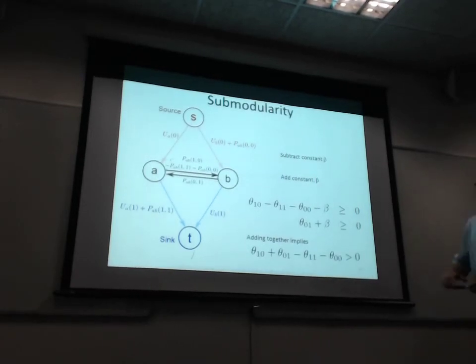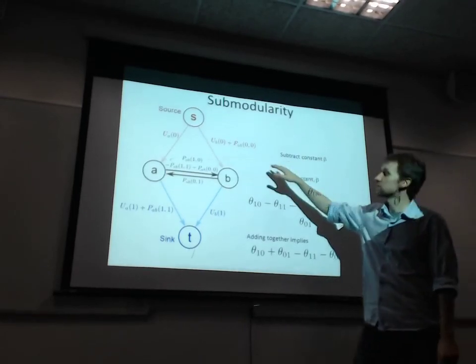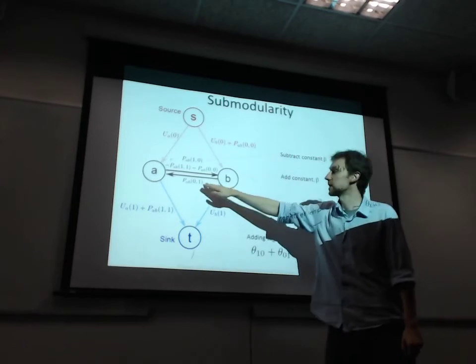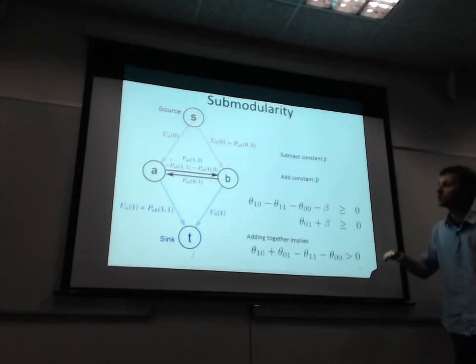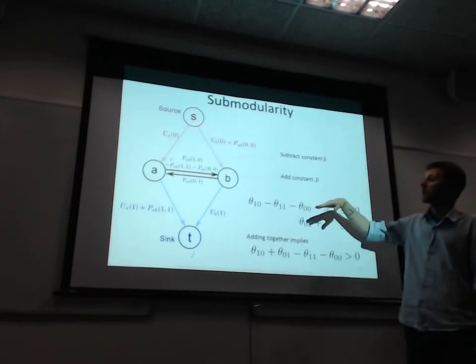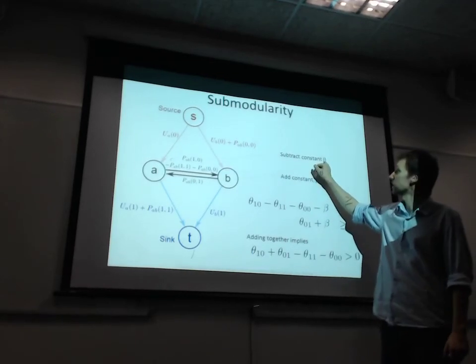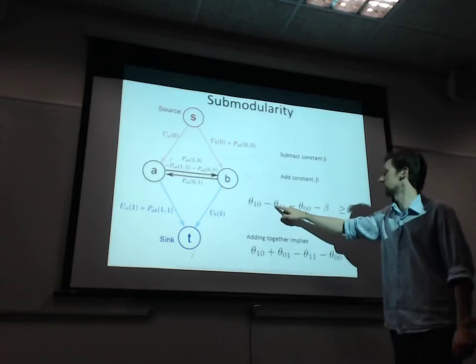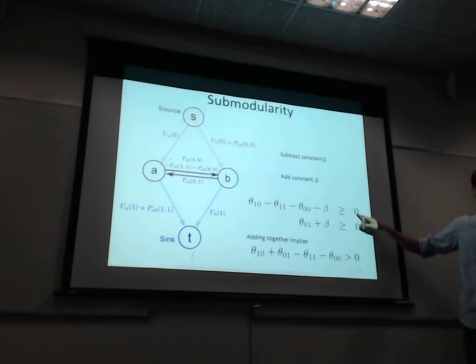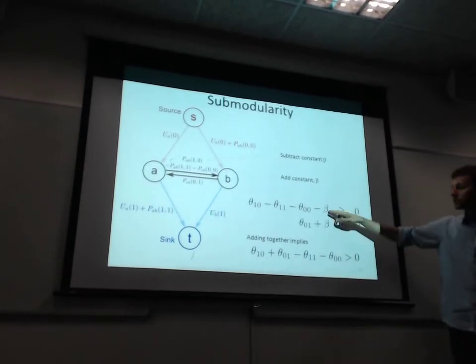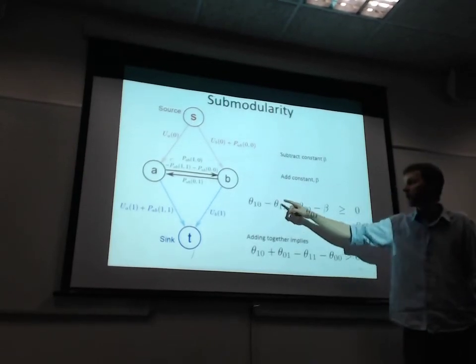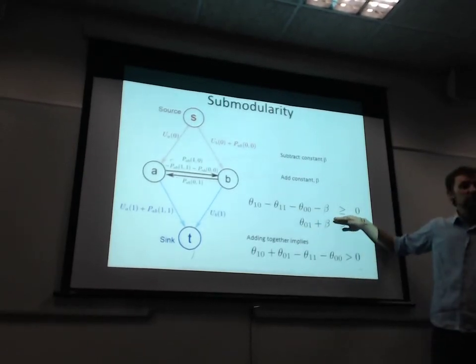So we have to subtract our constant beta there, and we have to add our constant beta there. If we do that, we have two new equations. We're basically saying we're going to subtract the same beta from this, that's this here, and it's going to be greater than 0 when we're done. So we're going to choose a beta that makes this true, and you also have to have pairwise costs that make this true.